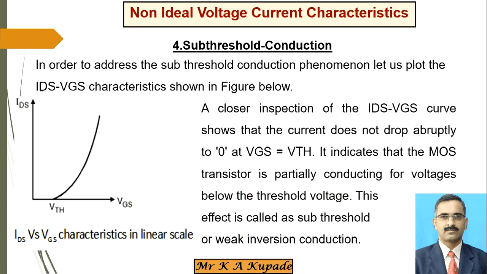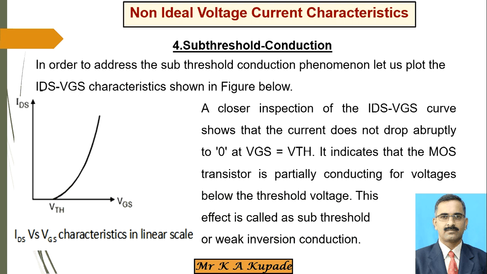Here, in order to address the sub-threshold conduction phenomenon, let us plot the IDS versus VGS characteristics, that means drain to source current and VGS. Here VTH is the threshold voltage, shown here.